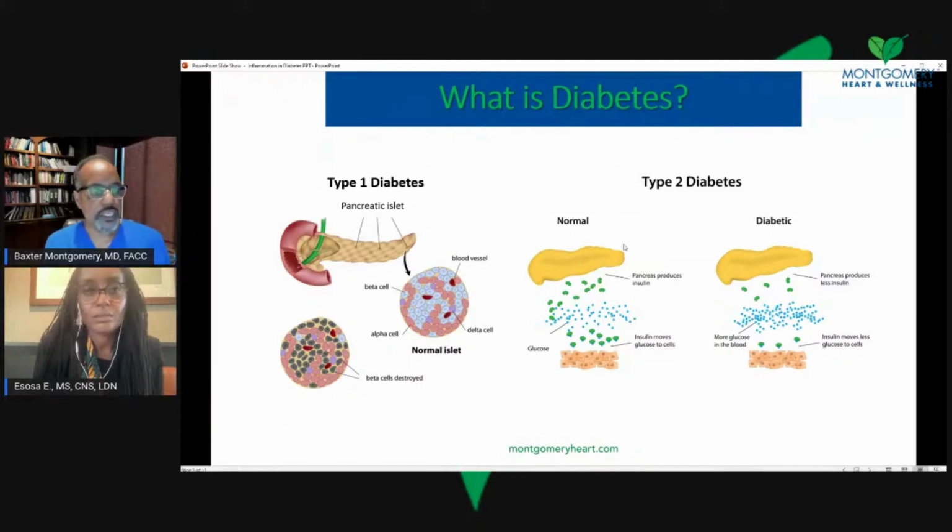In type 2 diabetes, you have the pancreas producing insulin molecules, and here are the glucose molecules. Insulin moves glucose into cells. This diagram is a little bit off because the insulin molecules attach to the cells and then allow the glucose molecules to go through.